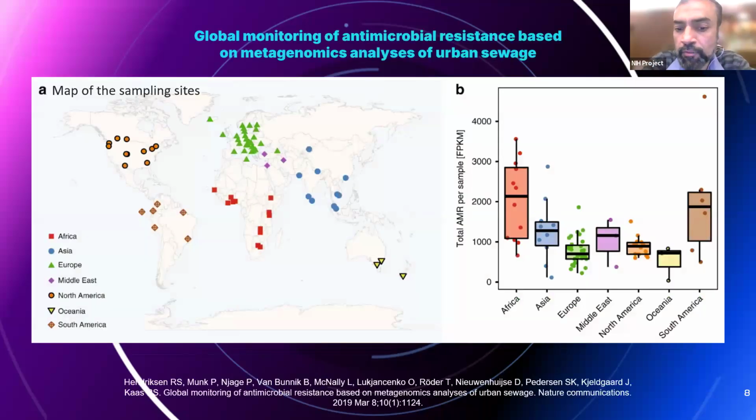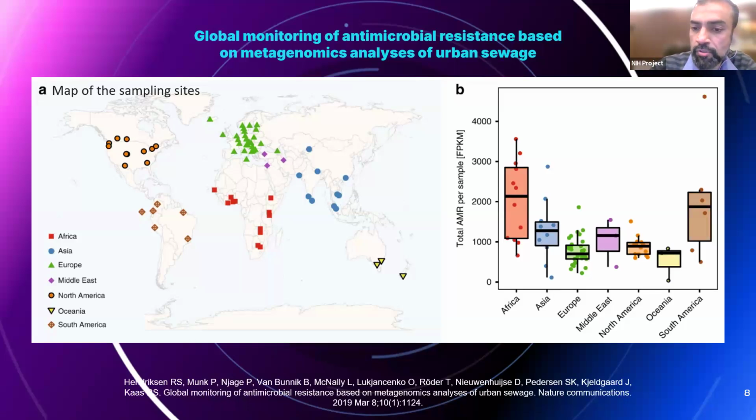This is also taken from one of the papers in which they are monitoring the global presence of antimicrobial resistance genes in the metagenomics analysis of urban sewage water. They have considered some of the areas like Africa, Asia, and South America, and they found that antimicrobial resistance is mostly present in Africa and South America, and now Asia is going to be up in this kind of problem.